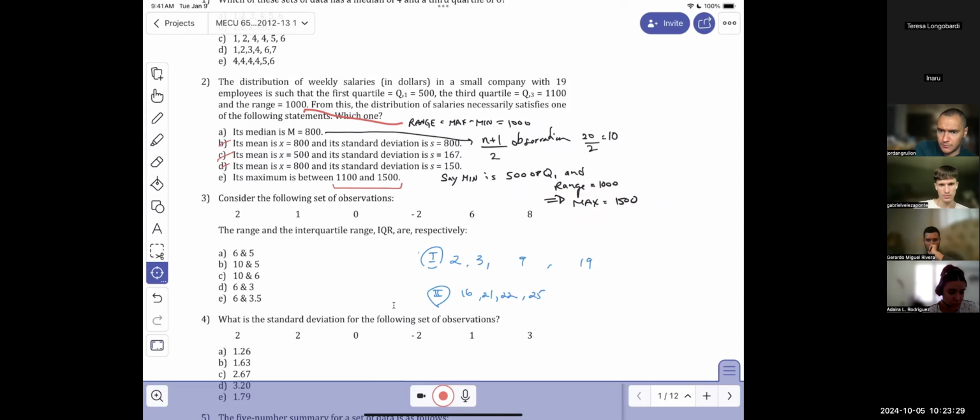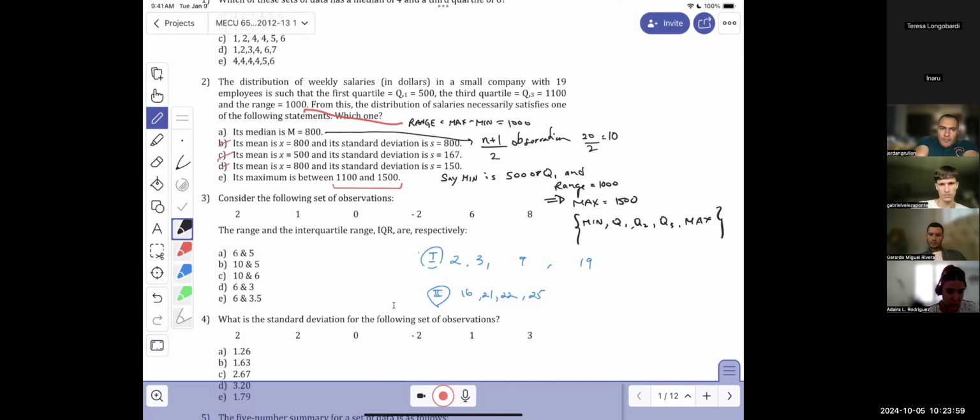The minimum that the maximum can be is Q3. Remember the 5-number summary, right? It's going to be minimum, Q1, Q2, Q3, max. This is in numerical order, so this creates a threshold. Q3 is 1,100. So that means the maximum must come after that. But they can be the same.